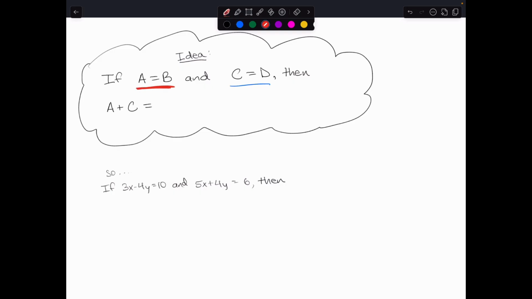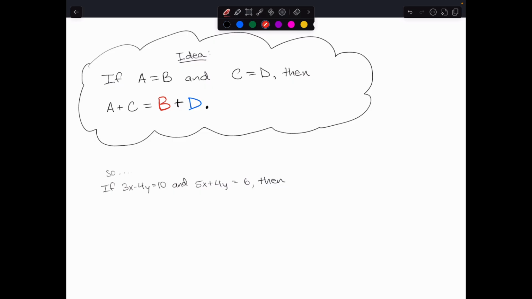Since A is equal to B, we can substitute B for A, and then again, since we have a C here, we can replace it with D. All right, so I'm going to clean this up a little bit. So this is true, and if you understand this idea, then you understand the math behind the elimination method. Let me show you what I mean.